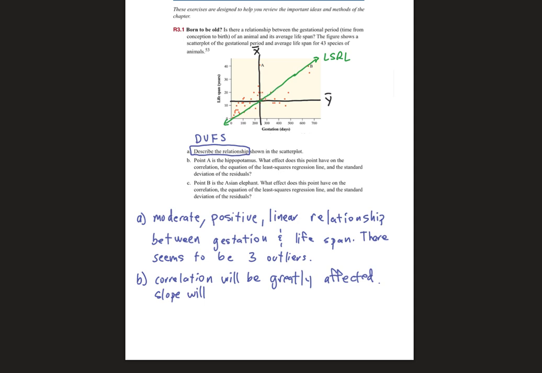So this whole thing will come up and it'll just be a parallel line. The y-intercept will increase slightly and the slope will stay the same.